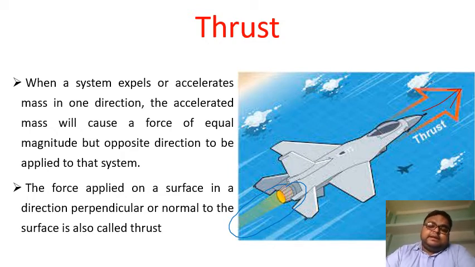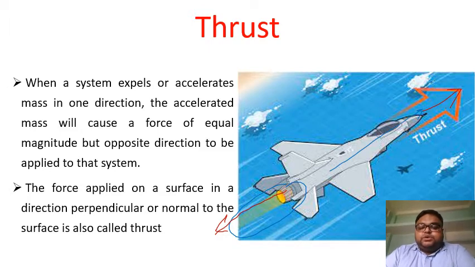Right students? Like we saw that the aircraft is pushing a mass of hot accelerated air in this direction. When the force is applied, it will also apply an equal and opposite reaction force in this direction. And so the aircraft will move further in this direction, right students?